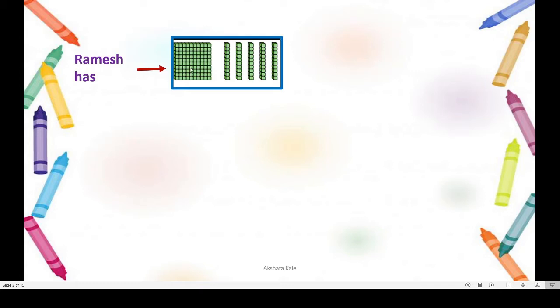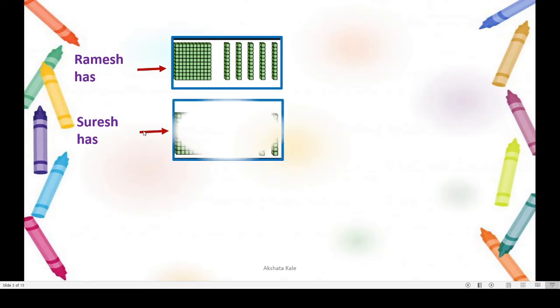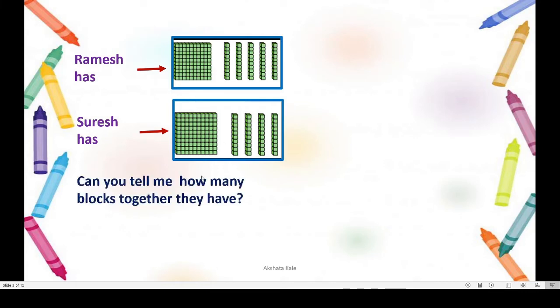This is 10 into 10, which means this is 100. 100 blocks are there in this. Got this, students? Now Suresh, his friend, also has some blocks. Here also 100 blocks means 10 into 10, and single tens are there. First we will write, then we will add.